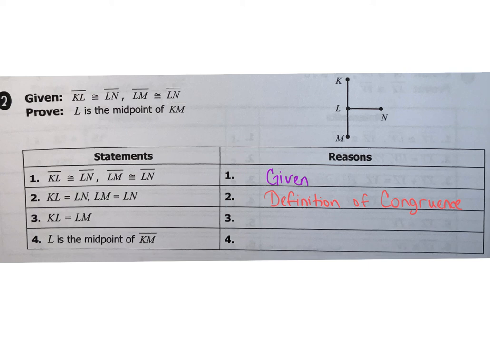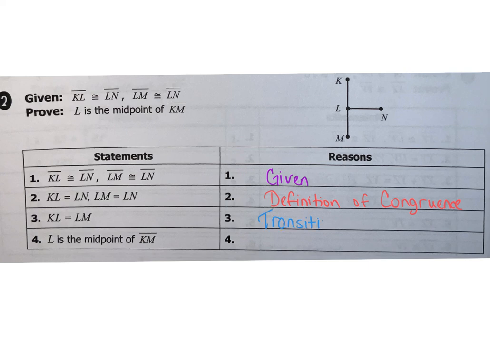All right, so they have KL equals LN, and then they have LM equals LN. All right, what property tells me I can do that? Yeah, you can use transitive, and I would actually also take substitution here. You can either say, well, they substituted LN for LM, right? Or you can say KL to LN, LN to LM, transitive. So for this one, I would take either property, transitive or substitution.